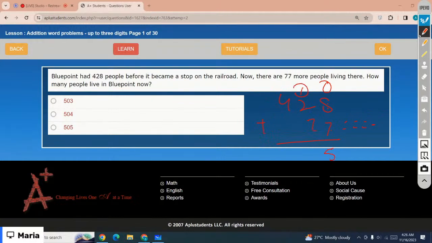Now you can add the 7 plus 2 and the carry. 7 plus 2 is 9 and 9 plus 1 is 10, right? You write 0 over here and carry 1. Now 4 plus 1 is 5. So that would be 505. 428 plus 77 is 505, right? So the correct option is 505.